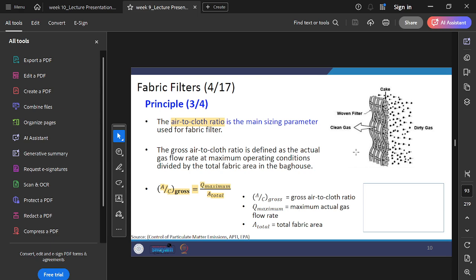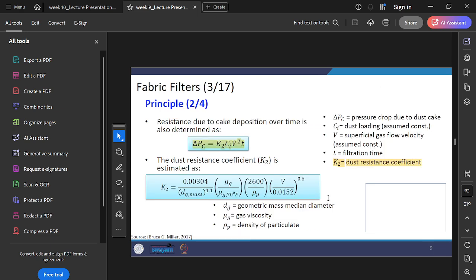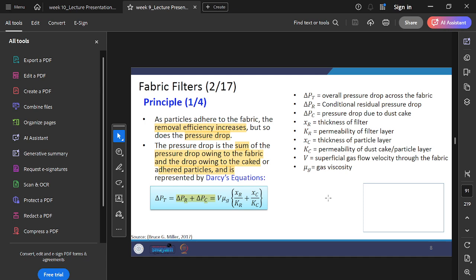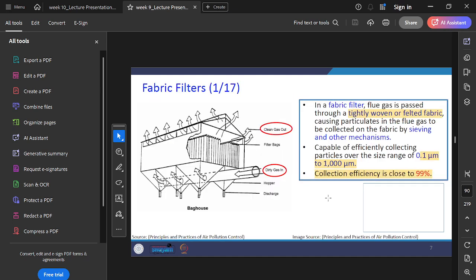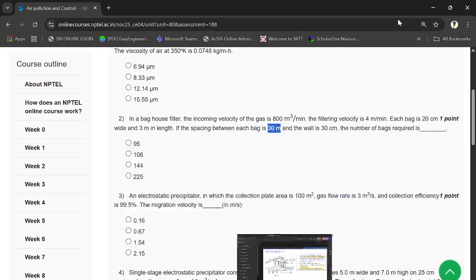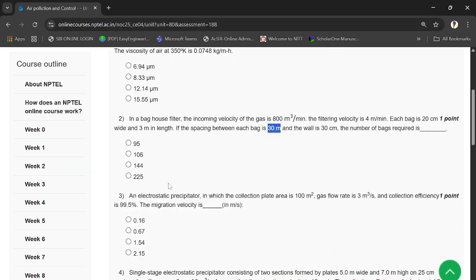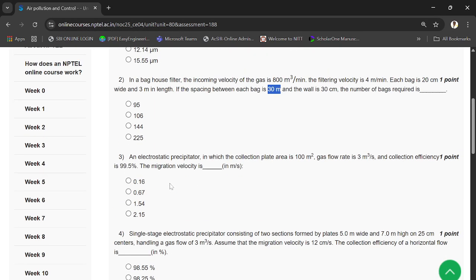Size we don't know because the cloth ratio we don't know. See the bags stacking, it will not be 30 meter. It will be 0.3 meter or 30 centimeter maybe. So surely it will not be 30 meter.